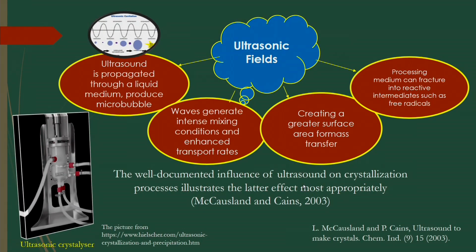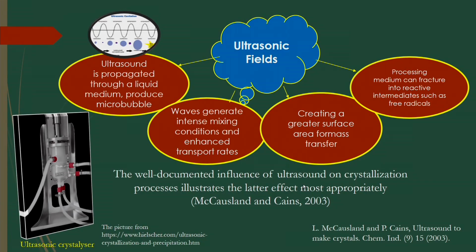Another is the ultrasonic field, where sound is produced through a liquid medium to produce microbubbles. The generation of microbubbles is important because to get more interfacial area for the gas-liquid mass transfer operation, you have to produce more surface area. So, there you can produce microbubbles for intensification, and the ultrasonic method is one important method by which you can produce these microbubbles.